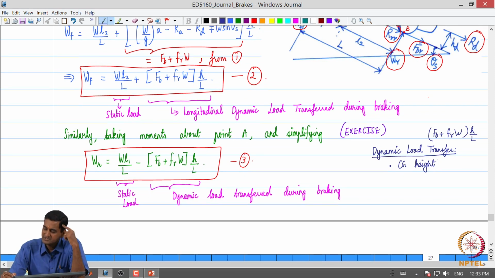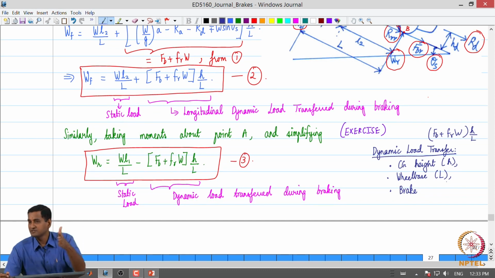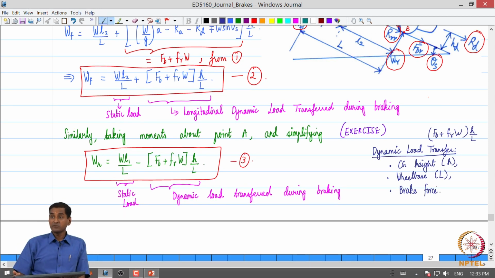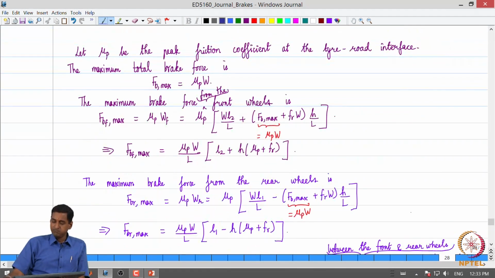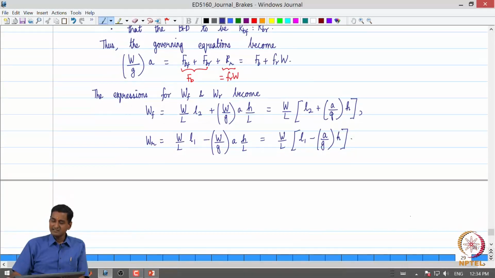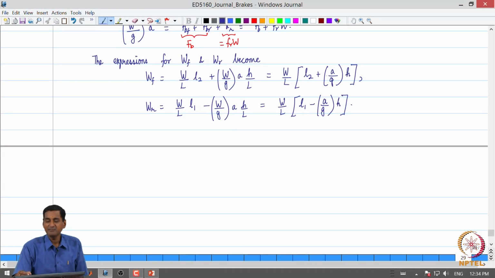So, the CG height h influences it. You can immediately see that the wheelbase L also plays a role, and so does the braking force or level of braking. It depends on whether we are doing mild braking or panic braking where we slam the brake pedal, and this affects the dynamic load transfer during braking. So, if we come down, we will see that the effect is felt here by means of deceleration.